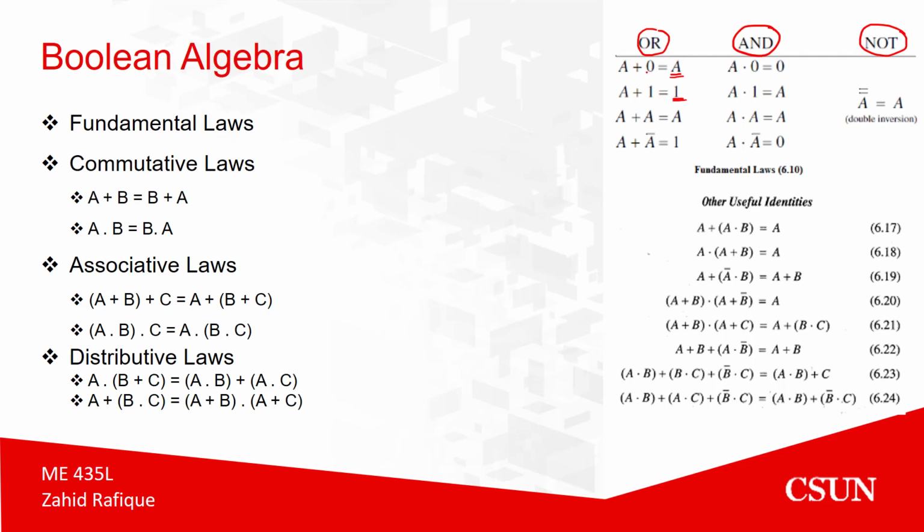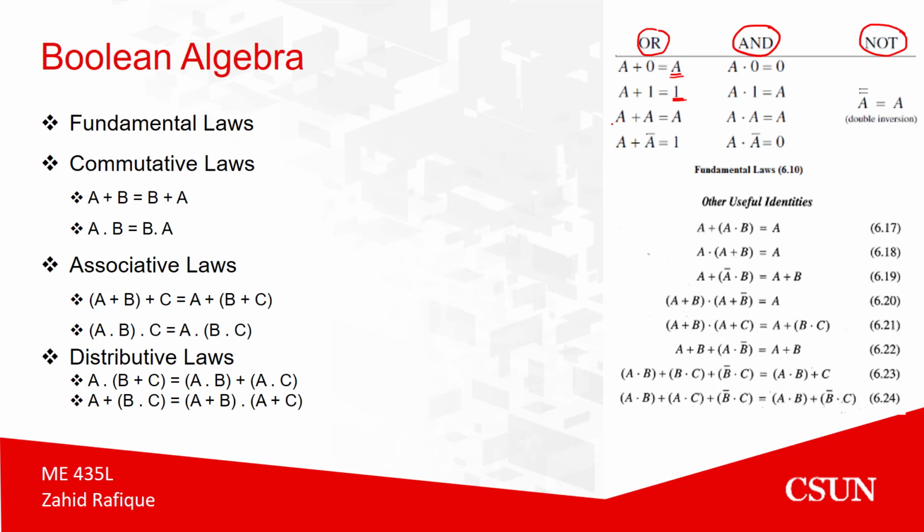So whatever you are with 0, you get back that value. Similarly, if A is 0, you OR it with 1, you get a 1. If A is 1 and you OR it with 1, you still get a 1. So that means that whenever you OR any signal with 1, your output is going to be 1.